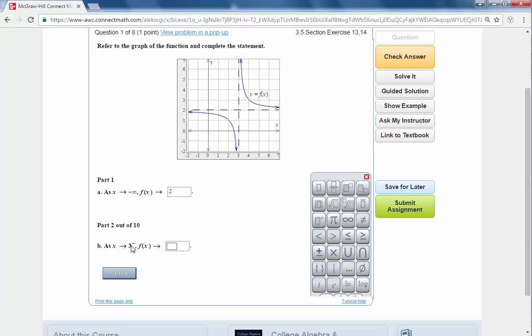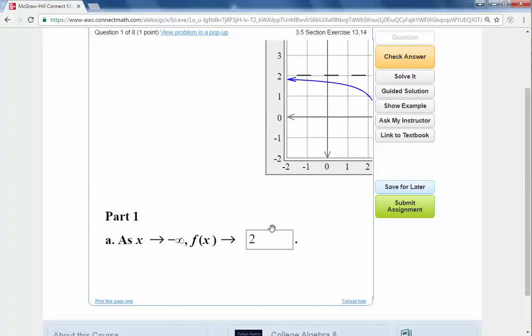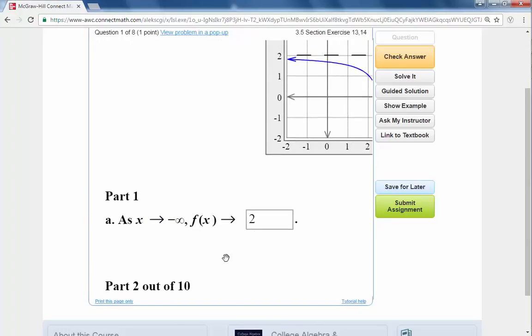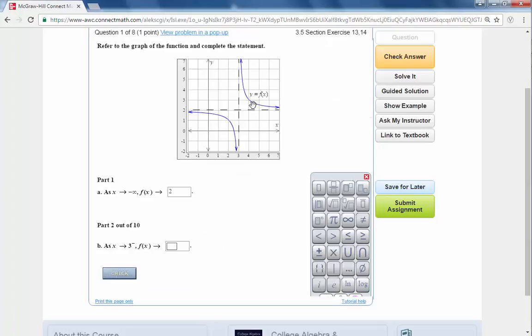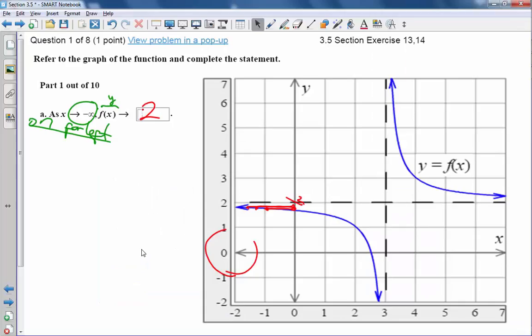What does this mean? Can somebody translate this into English? X arrow 3 with a minus in the corner. What does that mean? As x approaches 3 but doesn't touch it. Yeah, it approaches 3, but you can approach it on both sides. Which side of 3 are you on? Minus means left.